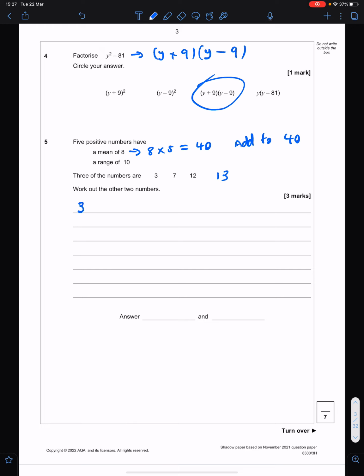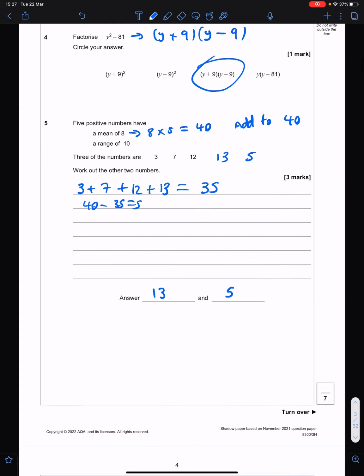Now, if we do 3 plus 7 plus 12 plus 13, that's going to give us 35. And then 40 take away 35 equals 5. So our final number is going to have to be 5. And that does not violate our principle because 3 is still the smallest number. So that is all good. It works. So our numbers are going to have to be 13 and 5.